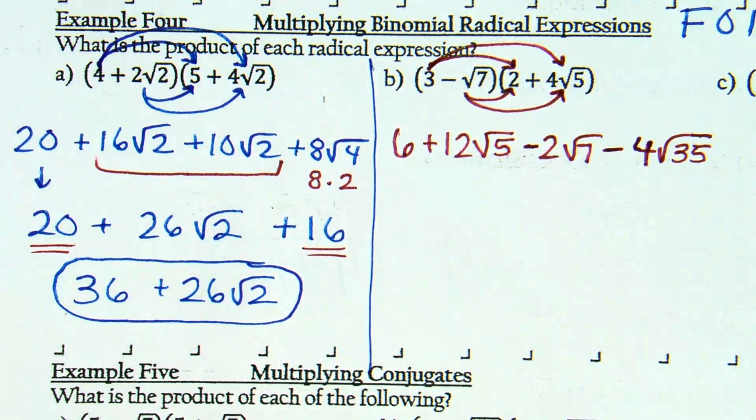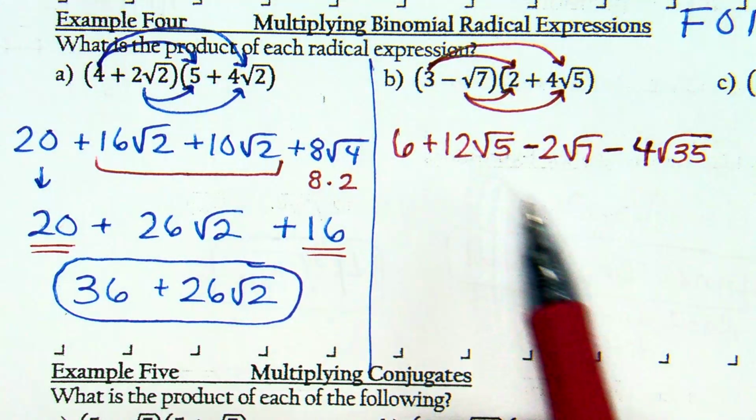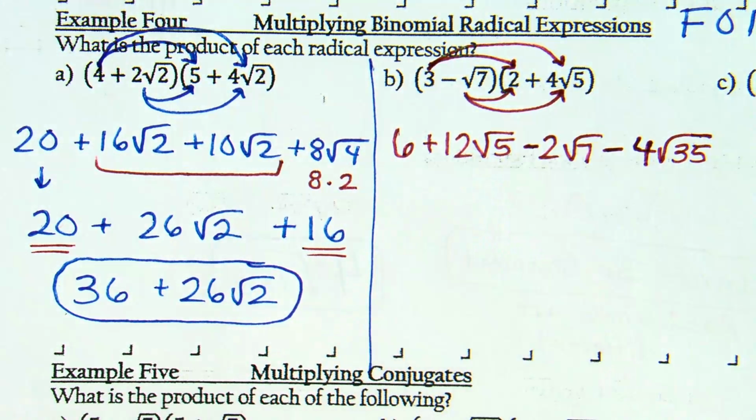What's next? Okay. We attempt to combine like terms. As it is currently, I have a whole number 6, a square root of 5, square root of 7, square root of 35. None of them are alike right now. Square root of 5, does it simplify at all? Square root of 7?